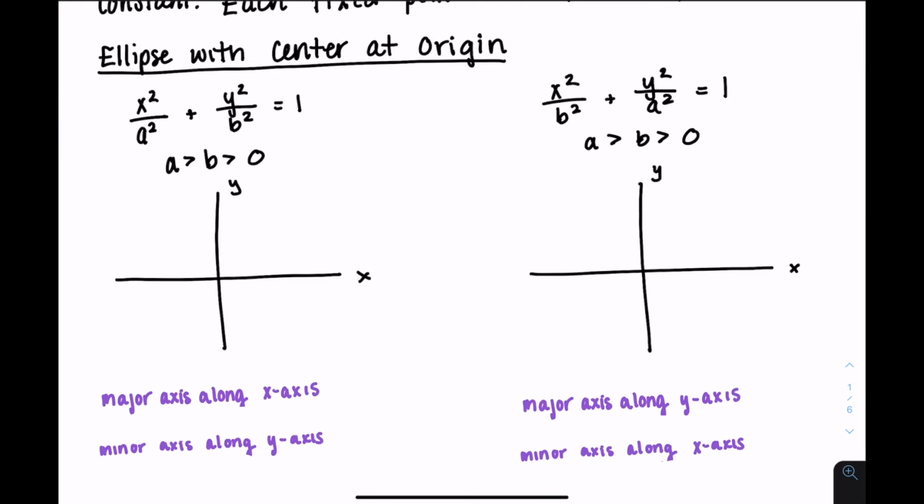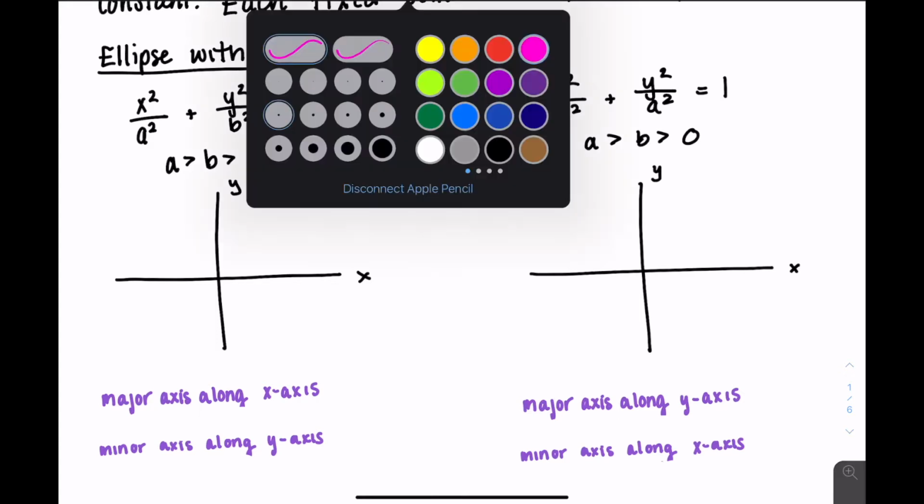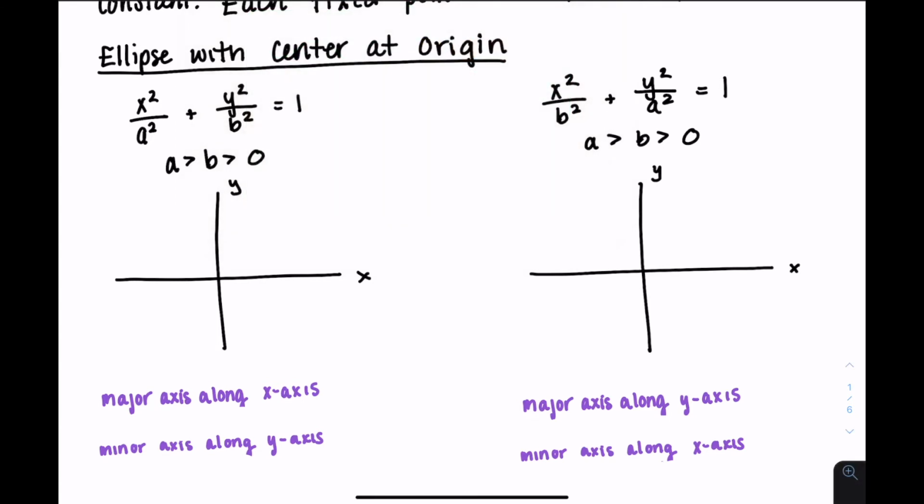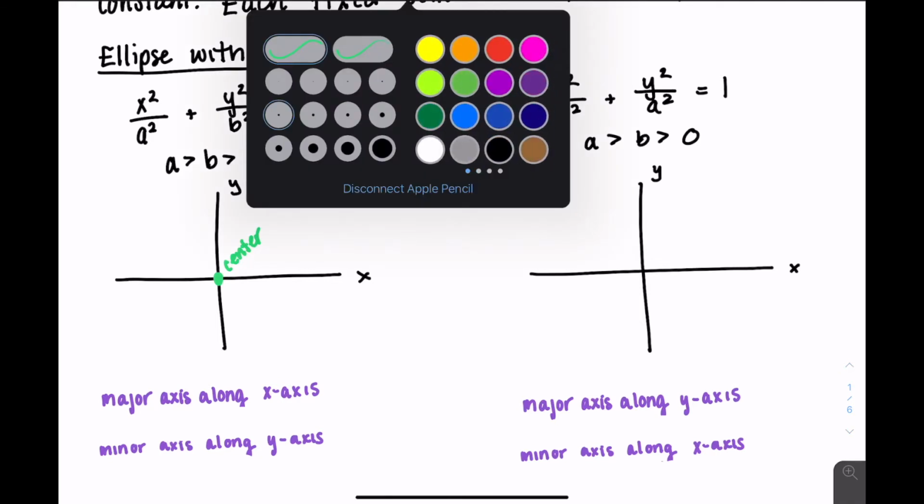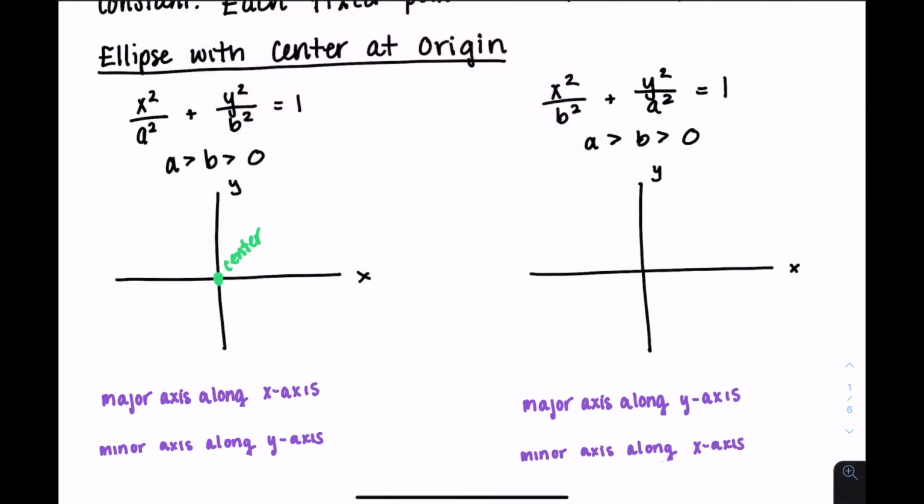So basically, we have two axes for our ellipse. One's the major, one's the minor. The major axis is where that important information is going to be. So here in our first case, I've got that center right at the origin. The numbers underneath each variable tell me how far out I move from the center. So x has an a squared underneath it. We're going to move out a distance of a.